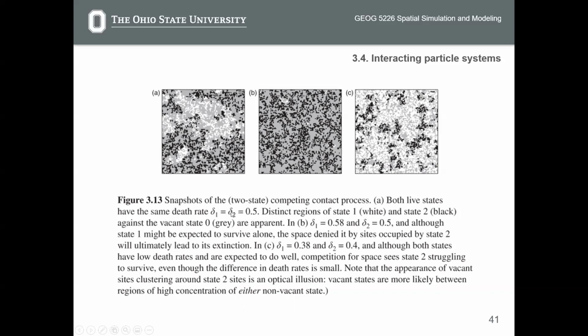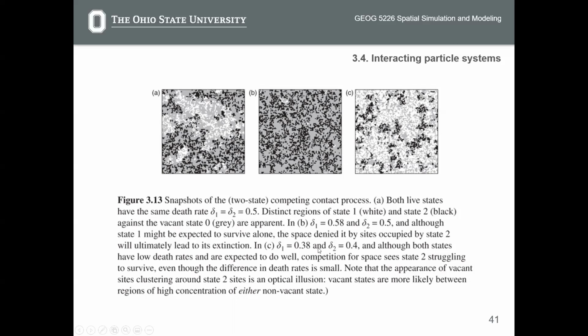They will coexist when delta 1 is equal to delta 2 is equal to 0.5. Of course, you can change 0.5 to other values, but they have to be equal to each other. Distinct regions of state 1, white, state 2, black, against the vacant state, 0, which is gray. Okay, so A is a peaceful coexisting scenario for two particles.